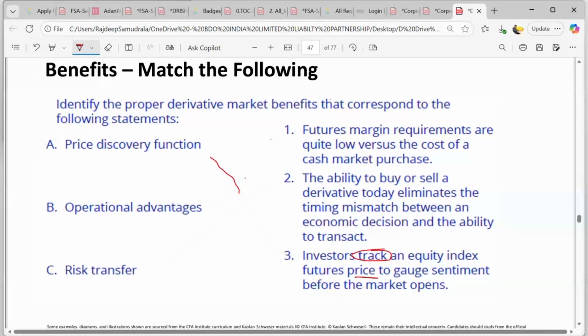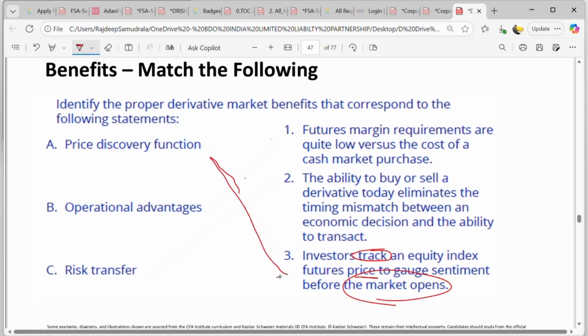If you see the futures market, you'll come to know in which direction the market is likely to open, upwards or downwards. You're able to discover the price by simply gauging the futures or the derivatives market.